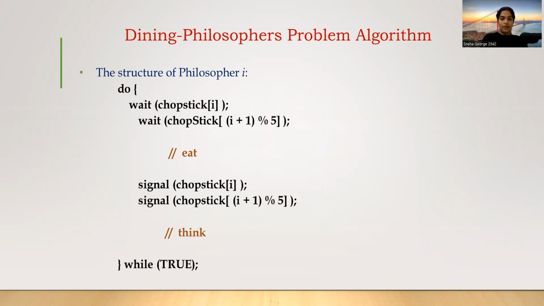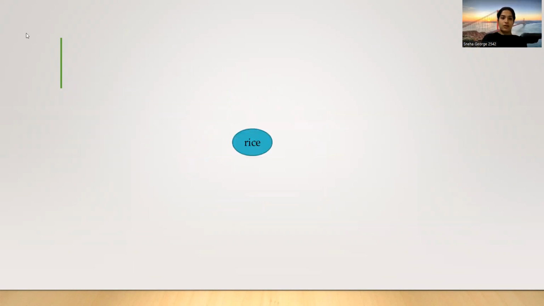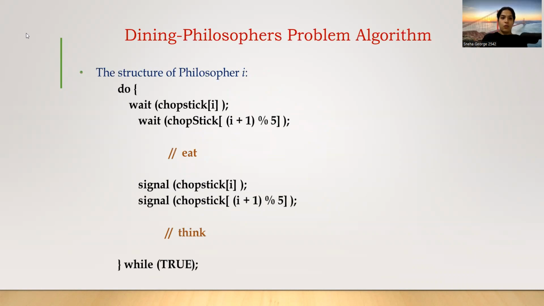Wait of chopstick of i, which means wait of chopstick of the first philosopher. Initially the chopstick values are all 1, so wait of chopstick of 1 makes it 0. Then wait of chopstick of (i plus 1) modulus 5. For the first philosopher, the i value is 1, 1 plus 1 is 2, modulus 5 is 2.